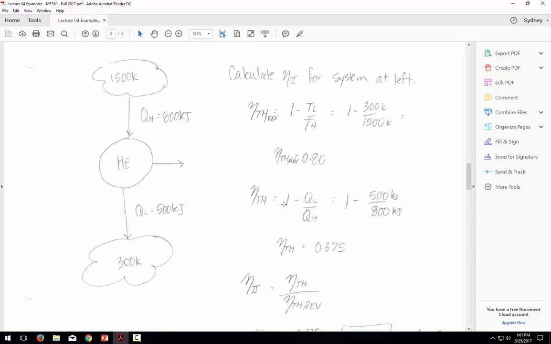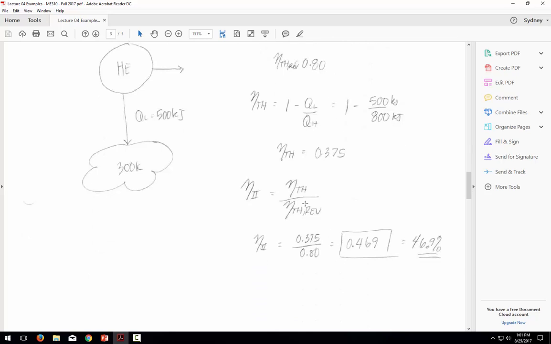Similarly, the thermal efficiency is 1 minus Q sub L over Q sub H, or 1 minus 500 over 800. So my thermal efficiency there is 0.375. Now if I just divide those two numbers, the thermal efficiency divided by the reversible thermal efficiency, I get 0.375 over 0.8, which is 0.469 or 46.9%.